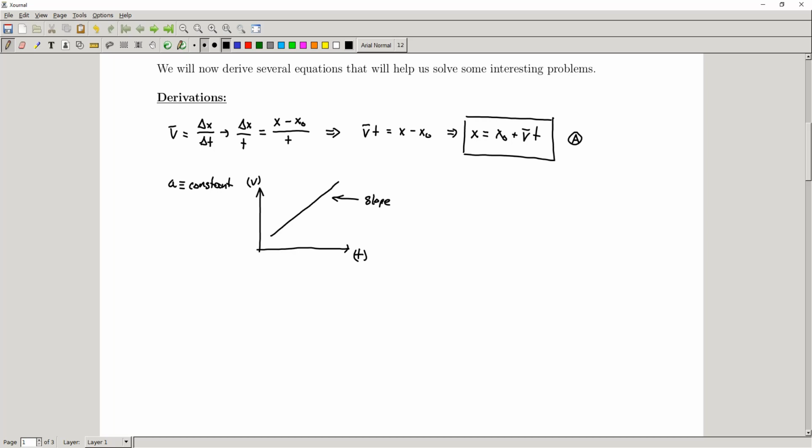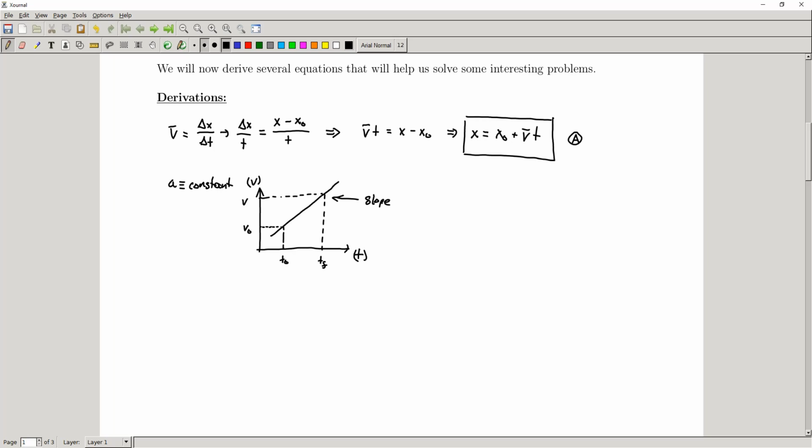So if we had this situation, then we could easily find what the average velocity over any time period was. Let's say we chose some time period in here, and let's say this is t naught and this is some t final. At our beginning time here, we're going to have some velocity v0, and at our final time we have some velocity v.